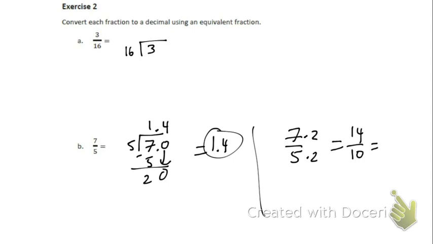And here, the decimal should end in the tens place, right? Because the denominator is 10. But I got 2 numbers up here, right? So what I have to do is put the 1 in front and the 4 after the decimal, so that it does indeed end in the tens place.